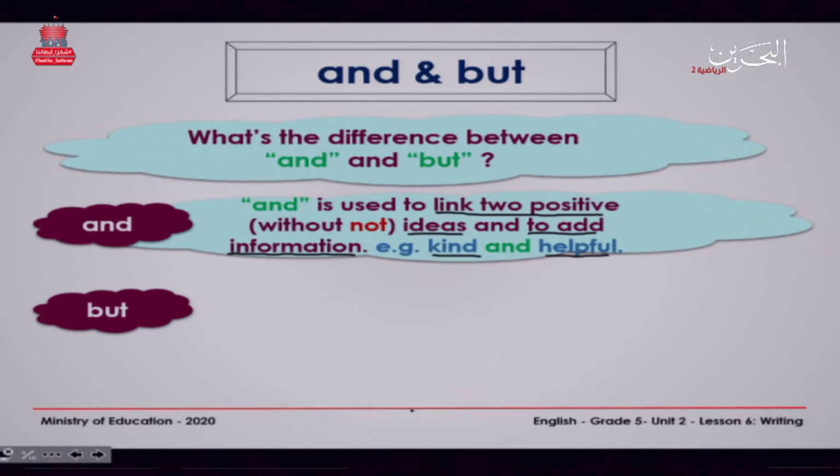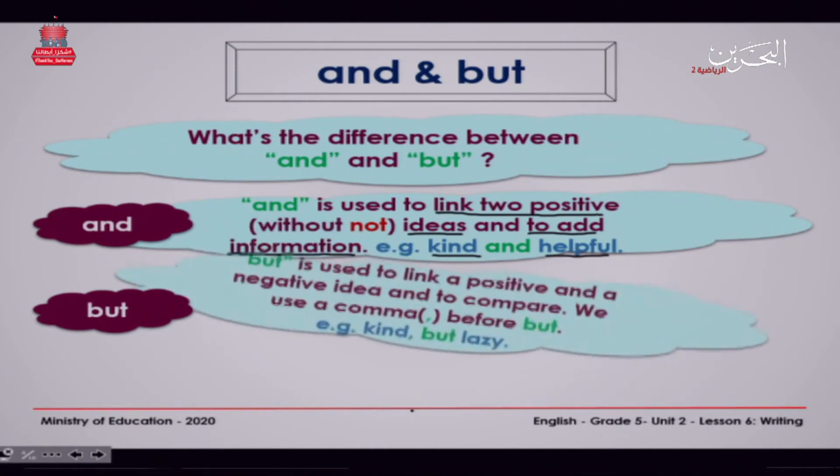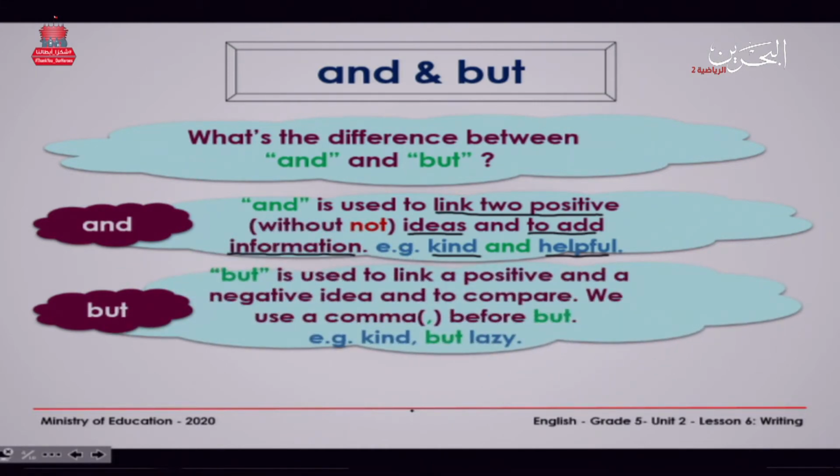Let me explain about but. But is used to link a positive and a negative idea and to compare. So here, when you use but, you link a positive and a negative idea together and you can compare. For example, you can say kind but lazy.